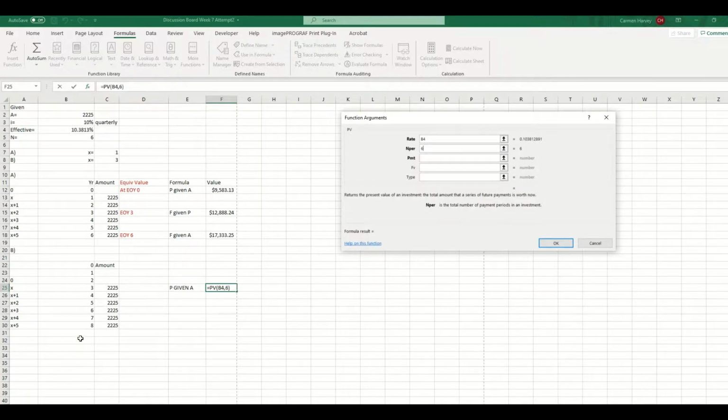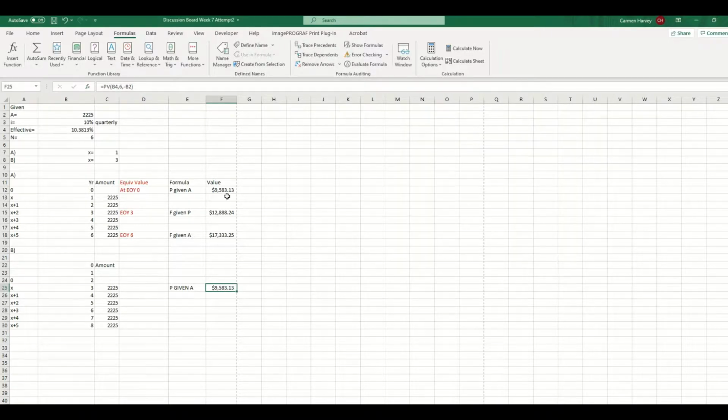So it would be the end of that and then to 6. And your payment is going to be this value here, but it's actually going to be negative. And you end up with the same value as this one at the same location. It's just that it's actually shifted.